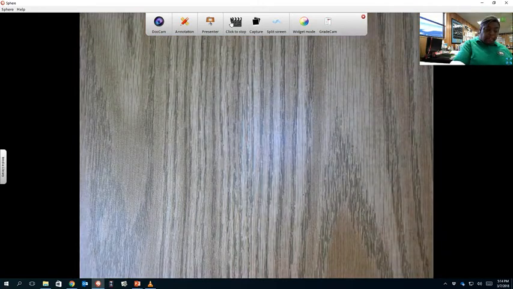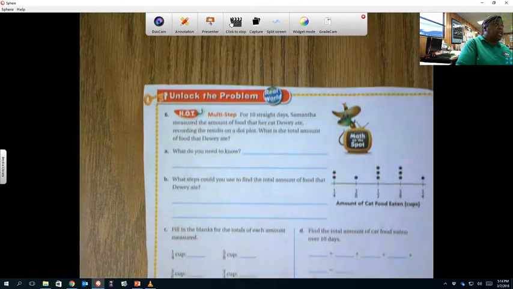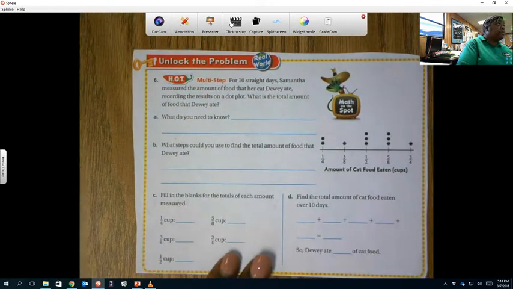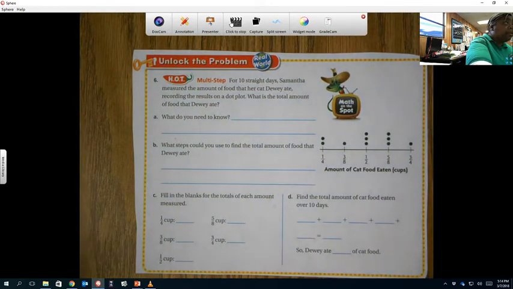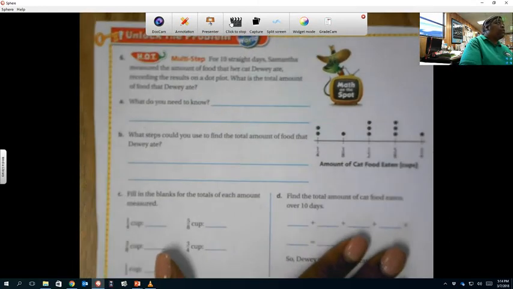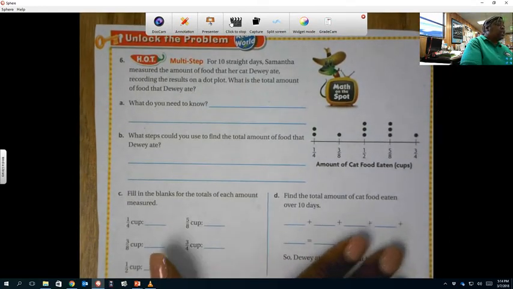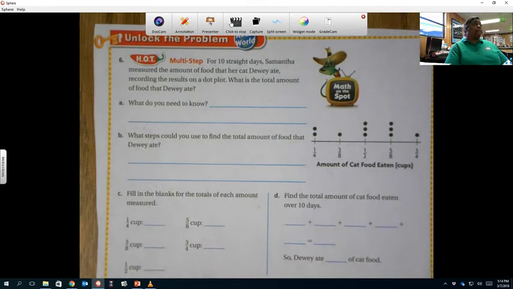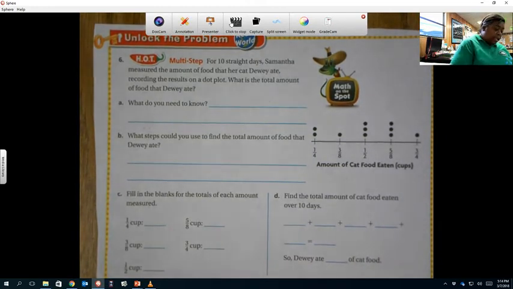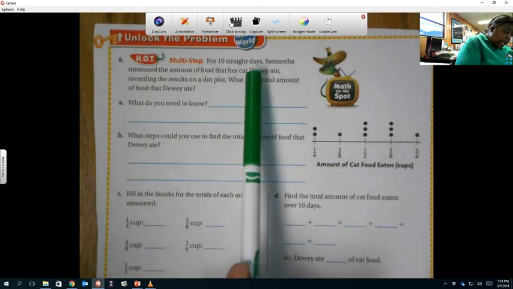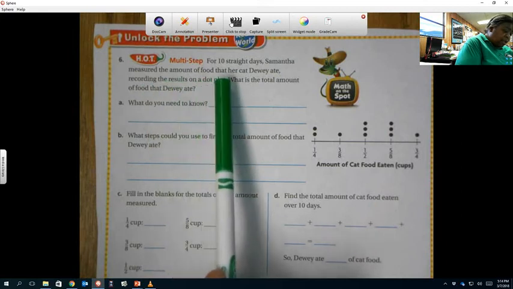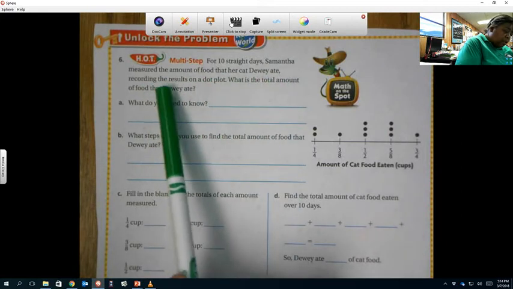All right, one more. I want to take you through a multi-step problem using a dot plot. Let me zoom in a little bit so you can see it and get it focused for you. For 10 straight days, Samantha measured the amount of food that her cat Dewey ate, recording the results on a dot plot.